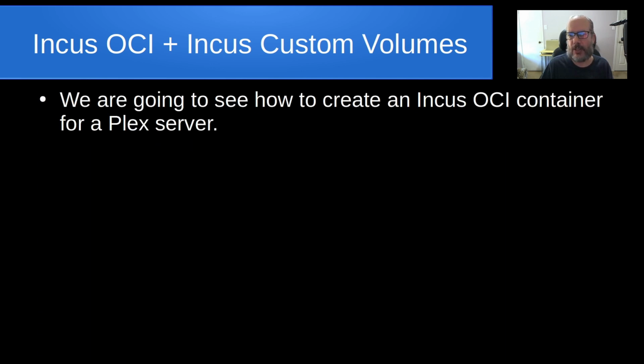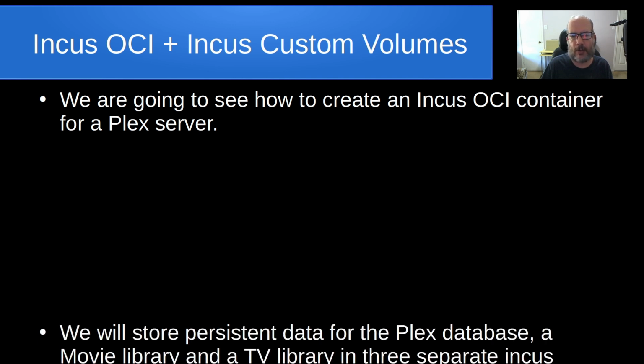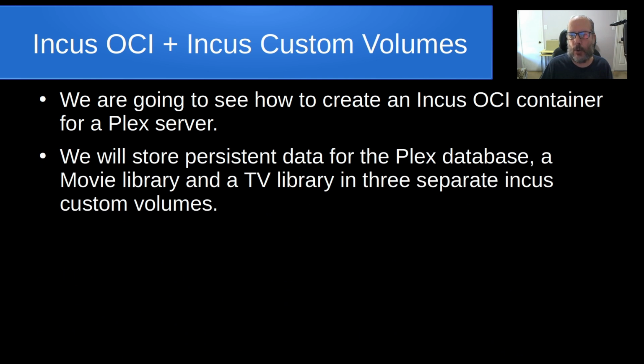So we're going to see how to create an Incus OCI container for a Plex server. We're going to store the persistent data for the Plex database, a movie library, and a TV library in these 3 separate custom volumes that we'll be creating on the default storage pool.